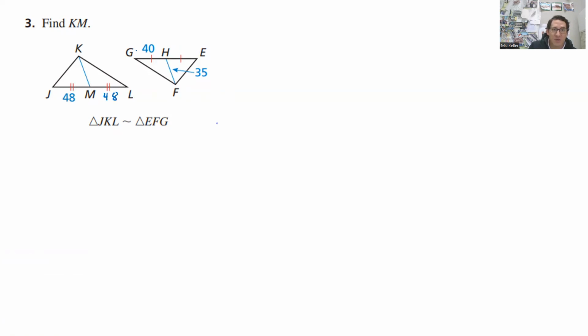HE is going to be 40 because it's congruent to GH. So this is 40. We are trying to find KM, which is X here. So this one is not included in the congruency or in the statement. There's no M in our statement here, but that's okay.